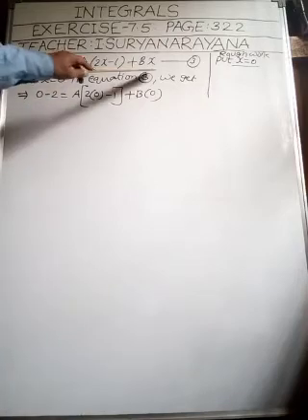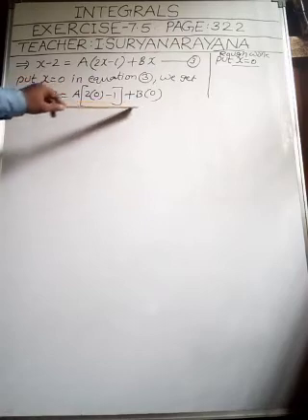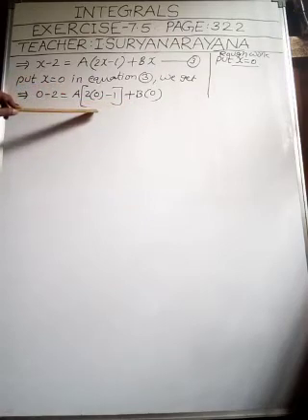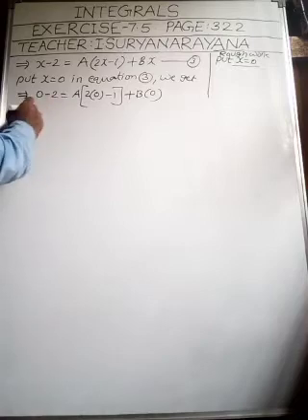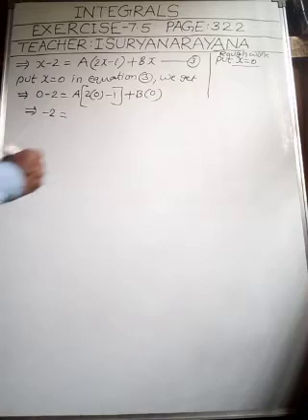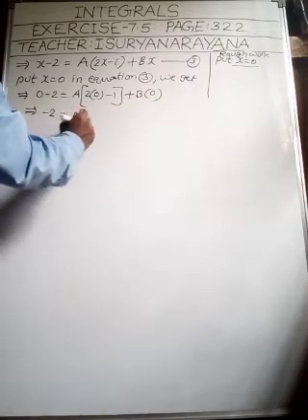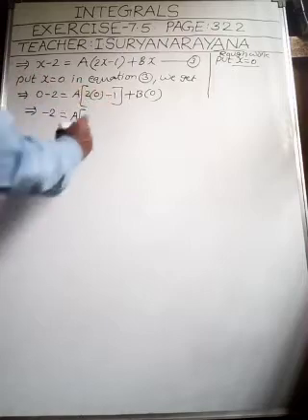In equation 3, I substituted x is equal to 0. Then we get this step. Understood this step, my children? Right. Now let us simplify. 0 minus 2, what will you get here? Minus 2. Here a into (2 into 0 minus 1), what will you get?